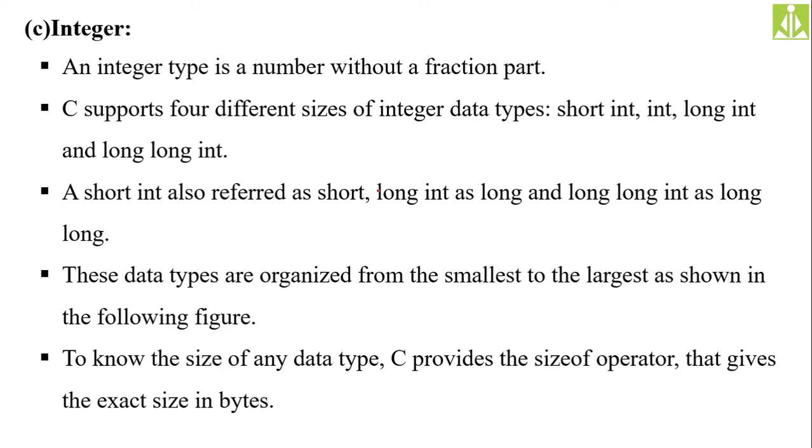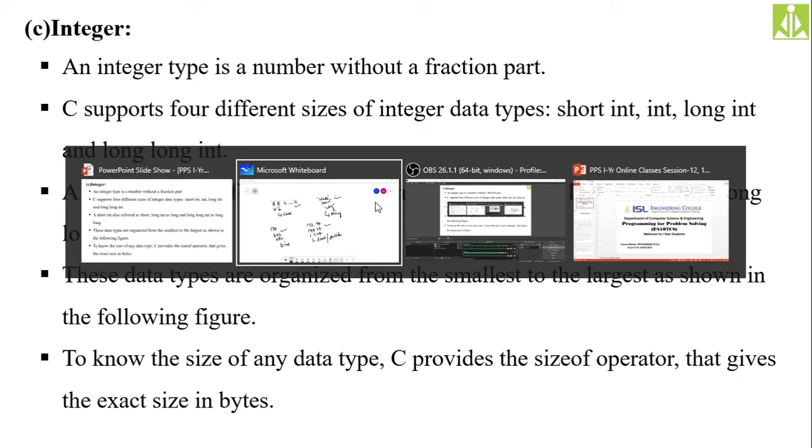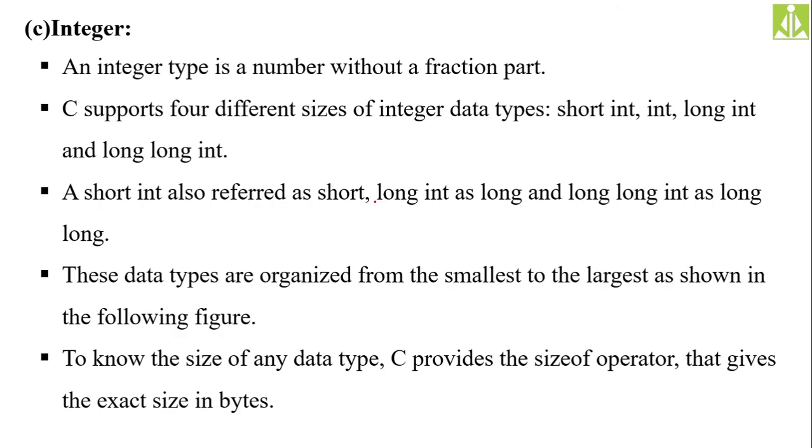Integers, as we said, have further categorization. An integer is a whole number without any fractional part, without any fraction. C supports four different sizes of integers: short int, int, long int, and long long int.